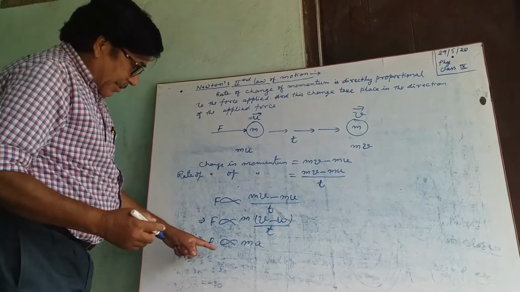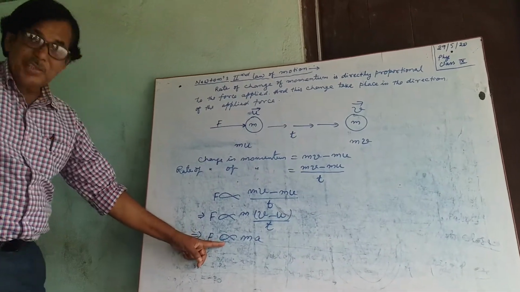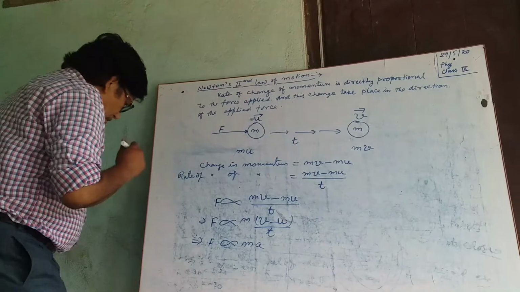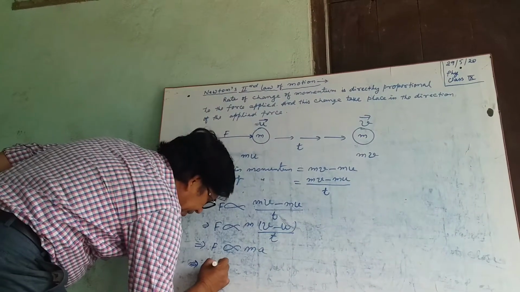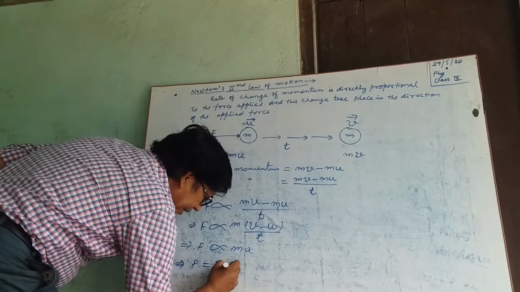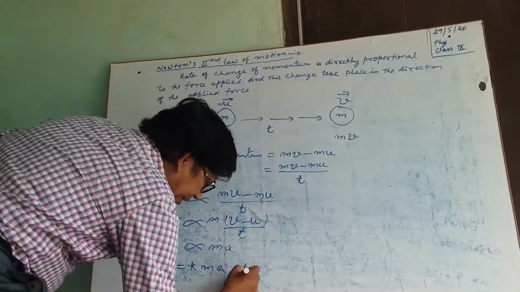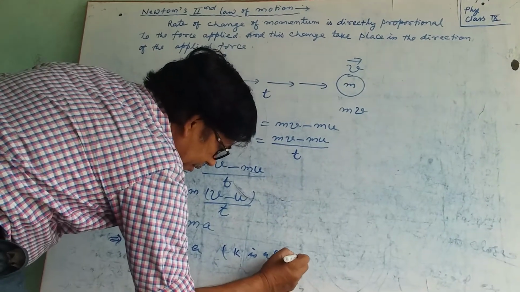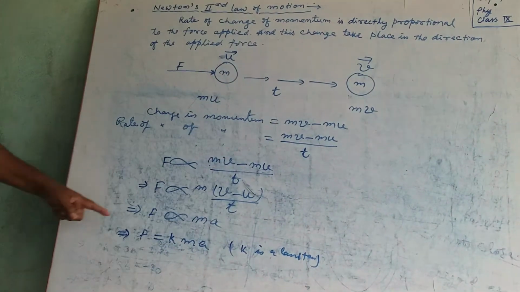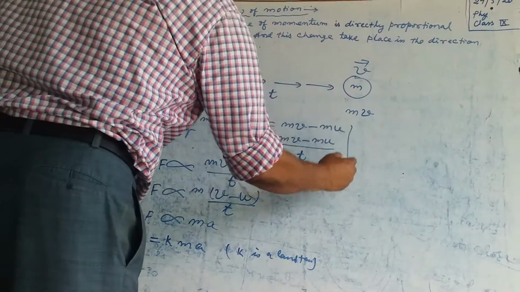To remove the sign of proportionality, we place a constant: F is equal to kma, where k is the constant of proportionality.